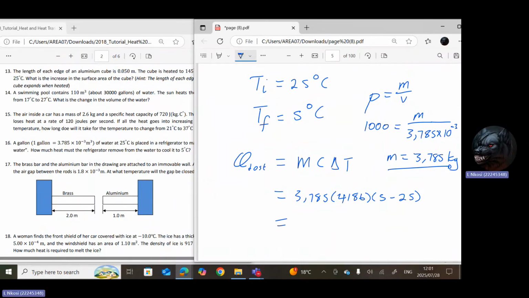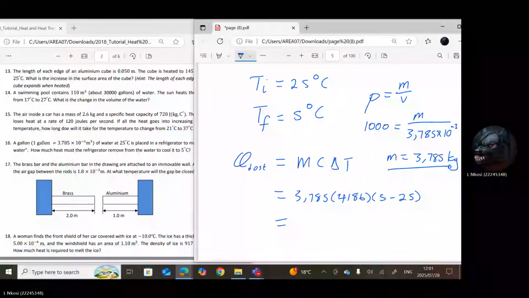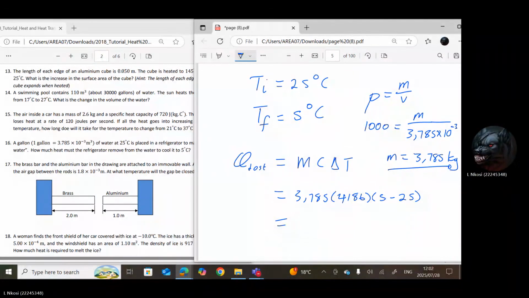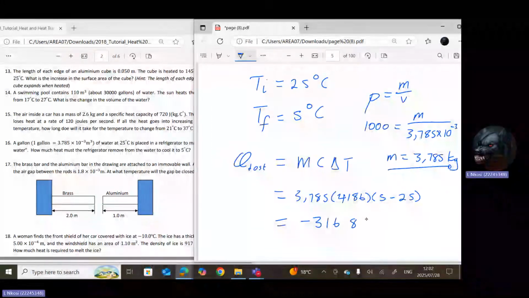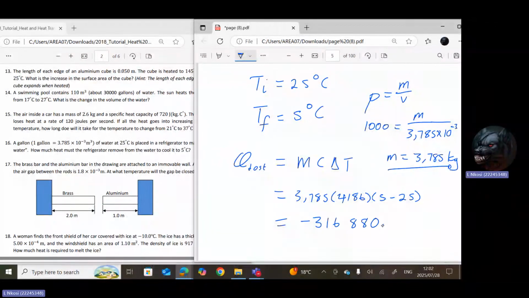So the heat that must be lost is 3.785 times 4186 times negative 20. So it's about minus 316,880.2 joules of heat that must be lost.